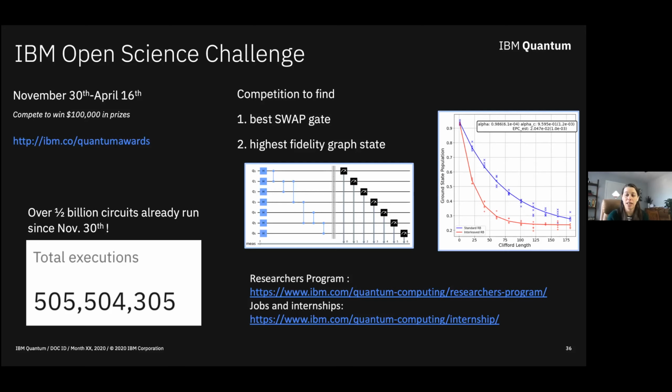Qiskit Ignis is the component that contains these kinds of characterization and error mitigation methods. And this CTMP method is available there too. That's great, yeah.